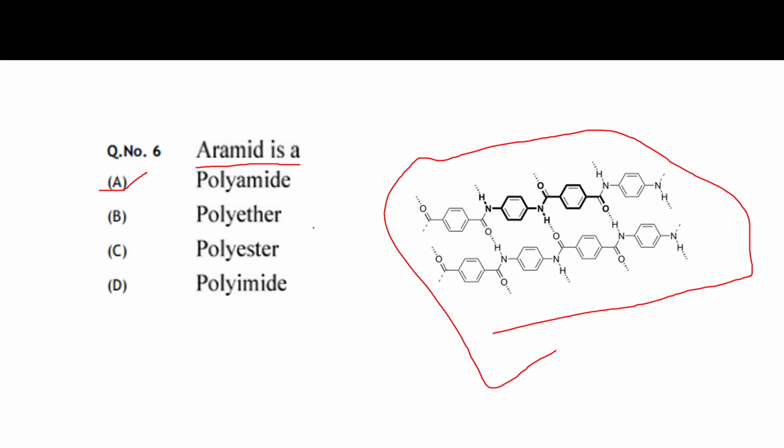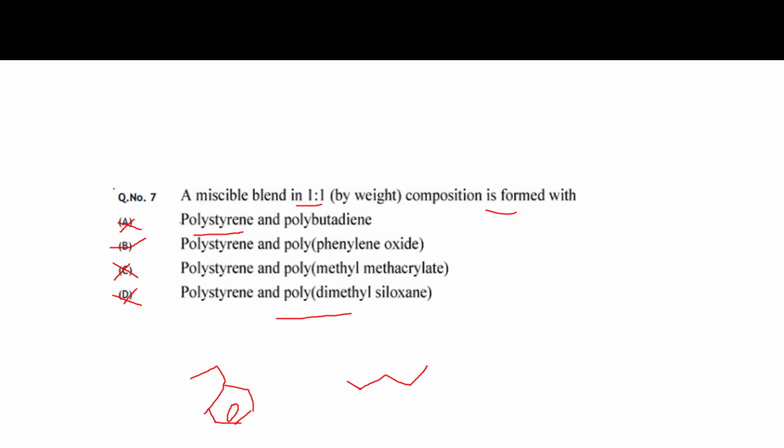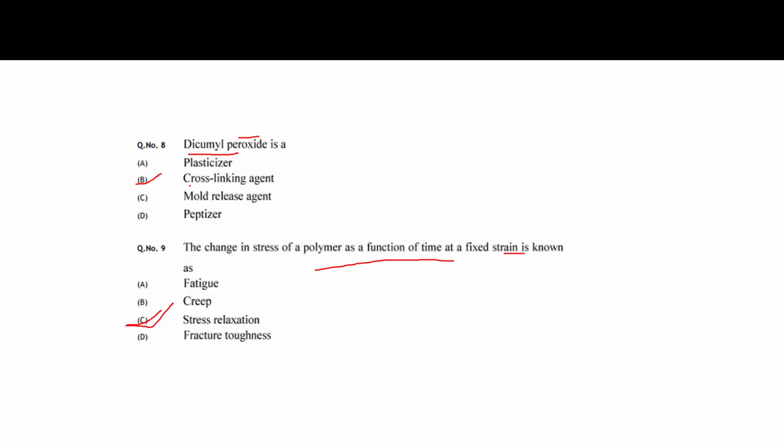Aramid is a polyaromatic amide, like Kevlar, which has higher strength applications and is also called an engineering plastic. For a miscible blend, there will be some similar monomer unit present in both of the polymers, like polystyrene and polyphenylene oxide, which both have a similar benzene unit.